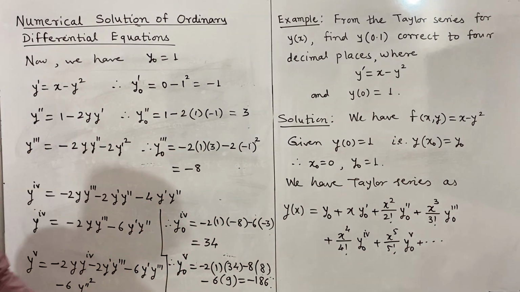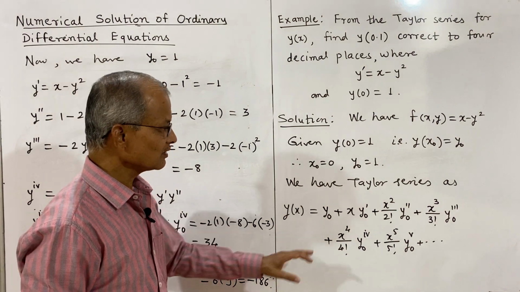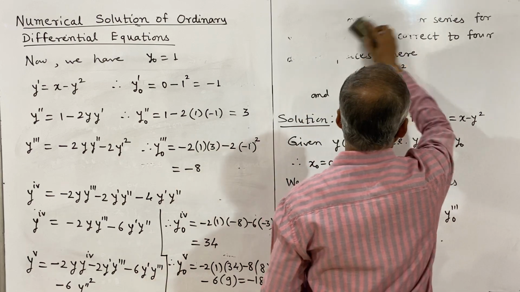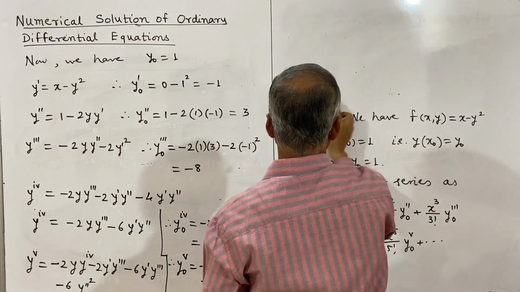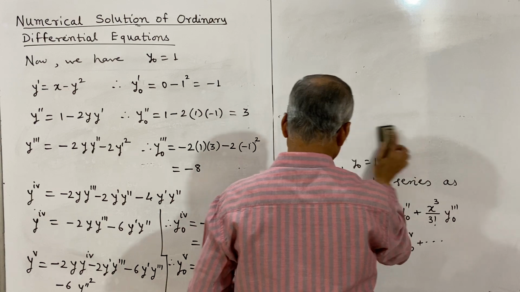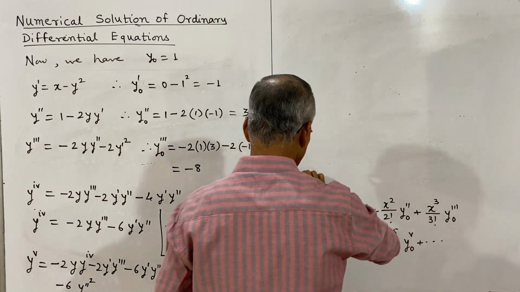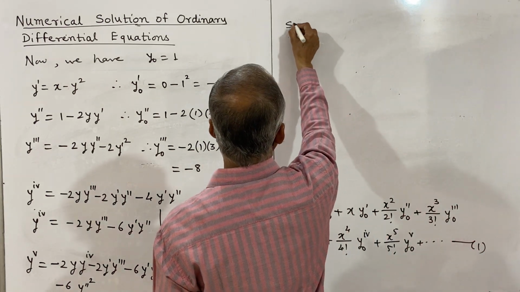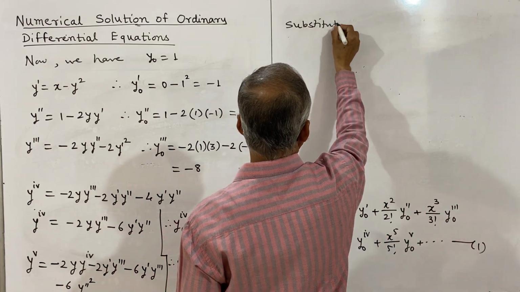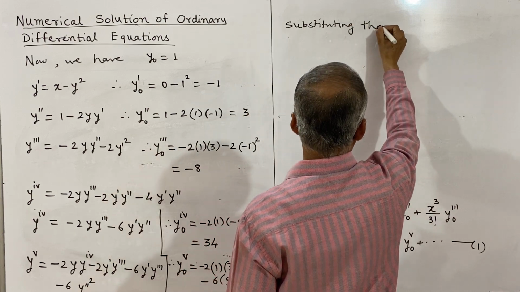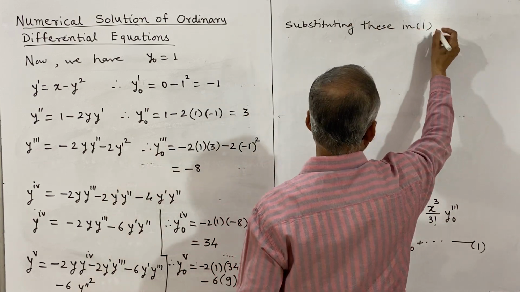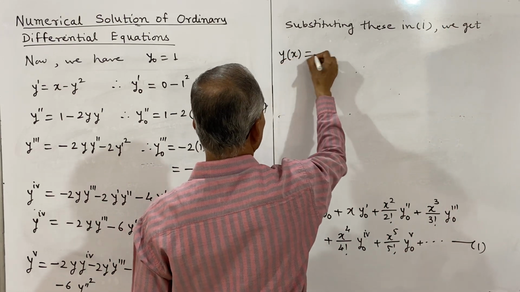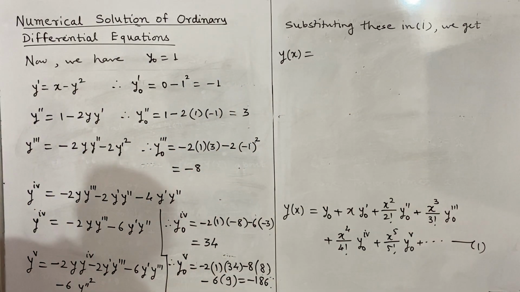Now, we substitute these values in this Taylor series to get the solution, and therefore, substituting these in 1, we get this in the Taylor series, or we may suppose this as 1. Substituting these in 1 we get y of x is equal to, see y of x is y naught.